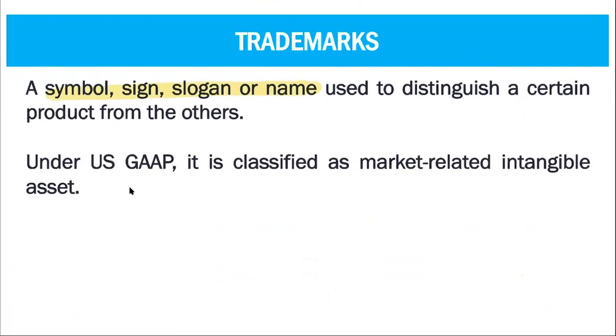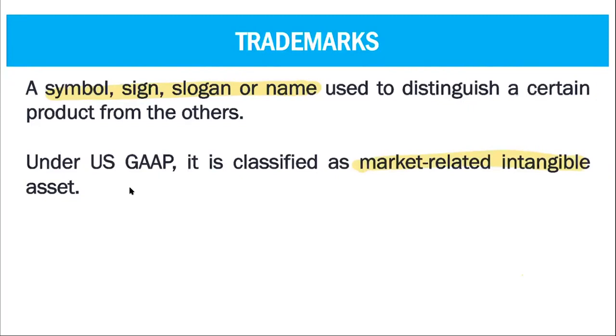Coca-Cola itself is already a trademark. That is a name. If you can see the shape of a Coca-Cola, that is already a symbol or a sign. "I'm Lovin' It," McDo, that is a slogan that can be considered as a trademark. So it is classified as a market-related intangible asset.